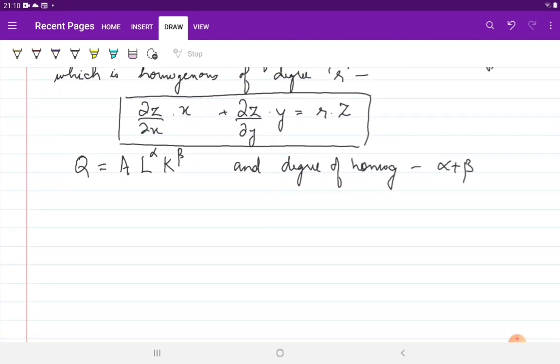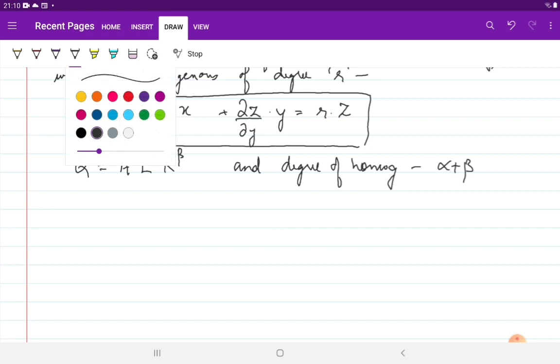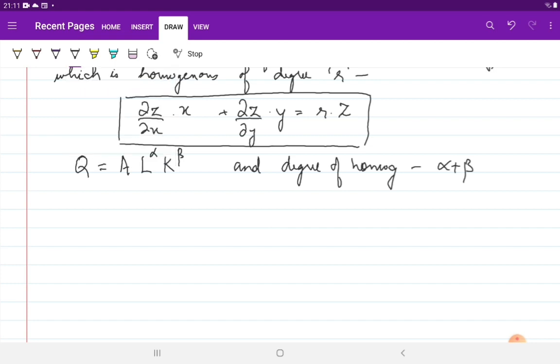So, restating Euler's theorem in terms of the Cobb-Douglas function variables, we can express the Cobb-Douglas production function's Euler's theorem as partial differentiation of Q with respect to L multiplied by the units of labor employed, plus partial differentiation of Q with respect to the second variable, which is capital, times the number of units of capital employed.